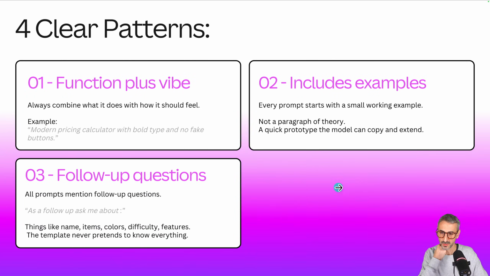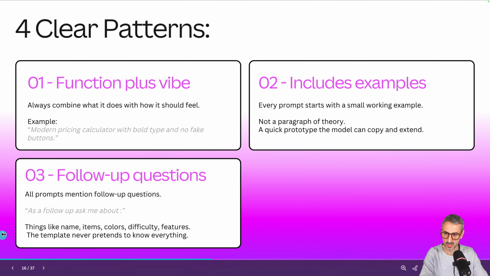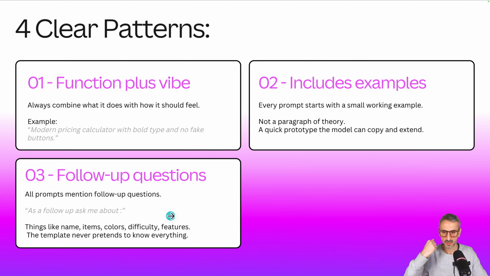Next pattern is that almost always you build into your prompt that you want the model to ask you follow-up questions. All the prompts mention follow-up questions, and it's usually labeled in this kind of way: as a follow-up, ask me about blah, blah, blah. Ask me about things like names, items, colors, difficulty level, features.